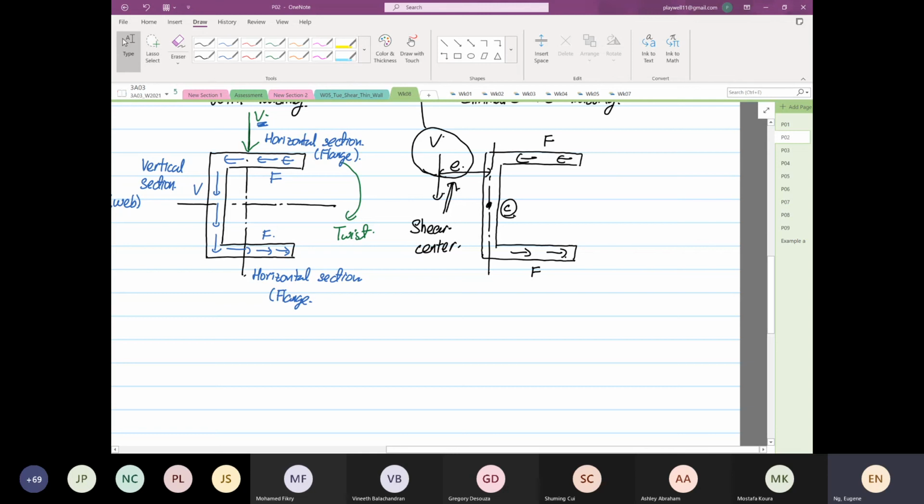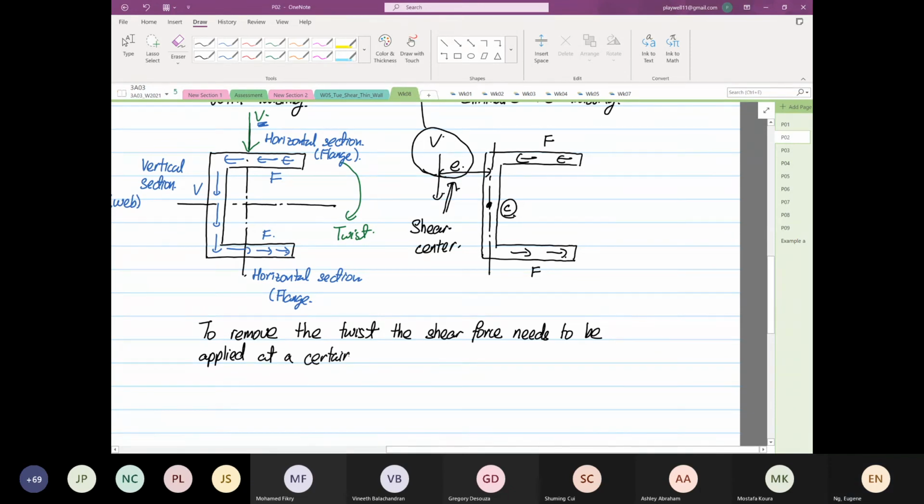To remove the twist, the shear force needs to be applied at a certain distance away from the structure.